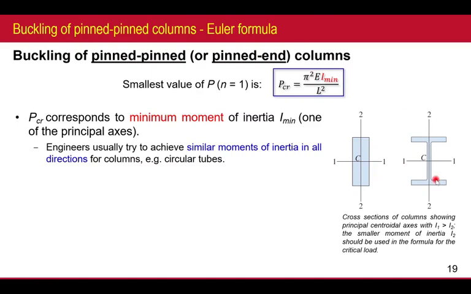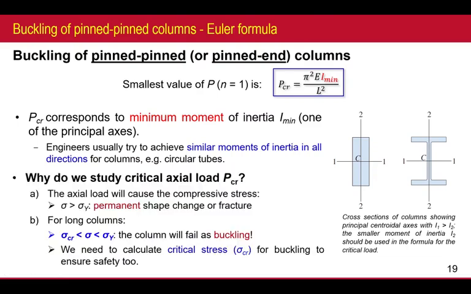Same way for this one: which one is I1 and which is I2? This one will be bigger than this one, I2. So of course, we should find the minimum value for calculation. This is the key thing for calculation, so you get the right value in the exams, okay?